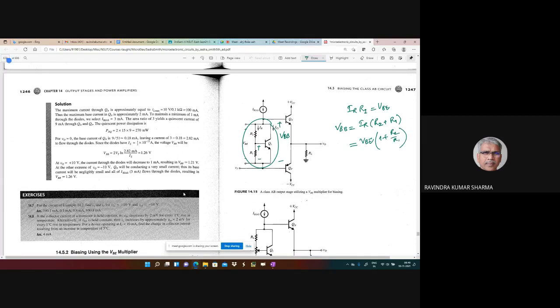So VBB becomes a multiplier of VBE. This is a multiplier. And this multiplier establishes a voltage VBB between the base of QN and the base of QP to provide sufficient bias to make transfer characteristic pass through the origin and to eliminate the crossover distortion. In fact, this is the circuit which has been used in op-amp 741. 741 के आउटपुट स्टेज पे यही यूज हुआ है, मैं op-amp 741 के इंटरनल सर्किट की बात कर रहा हूँ.